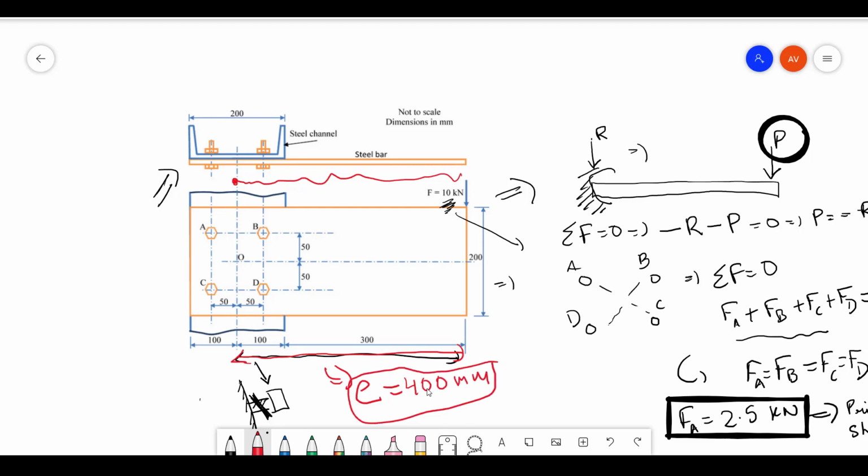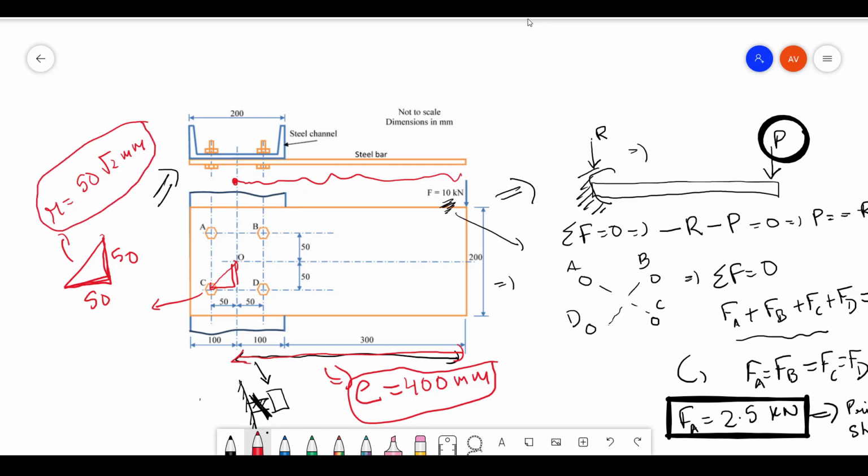Okay, and your R is this distance. So how will you get that? If you look at this, this is a right angle triangle. So here 50, here 50, so your R is going to be 50 root 2 mm. Your P is 10 kilonewton.